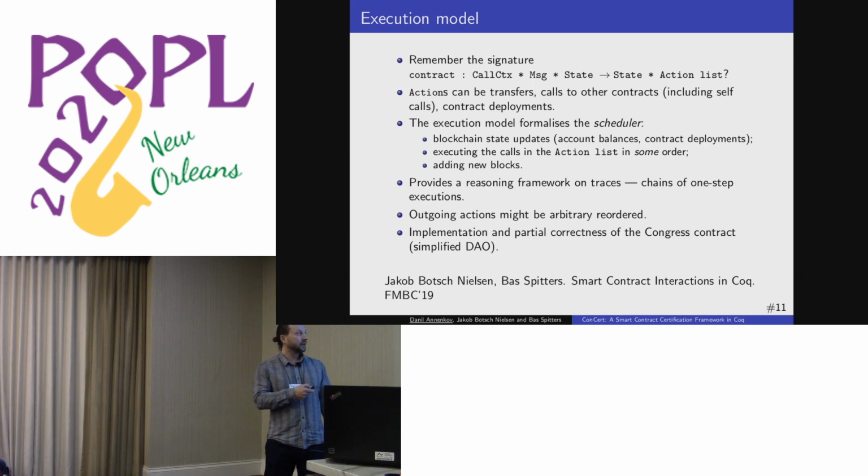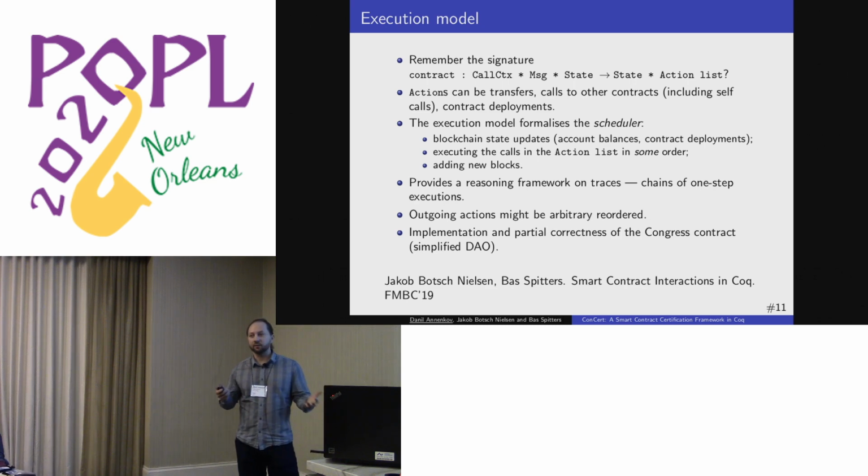This scheduler takes care of maintaining state. And then you can actually reason about how your contract interacts with, at least, the model of a blockchain. Basically, it provides a reasoning framework on traces, which means you can state something like: starting from some initial state, your predicate holds for all reachable states.